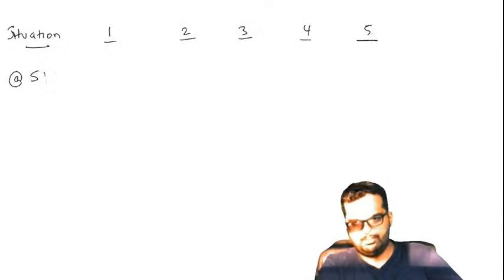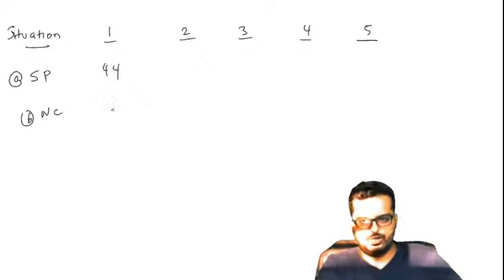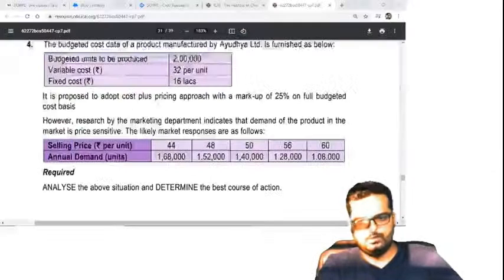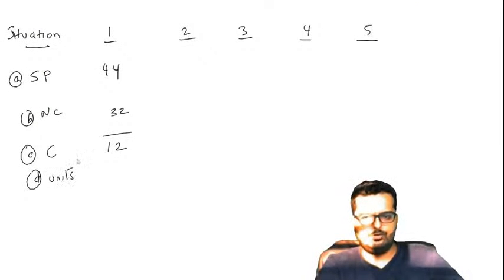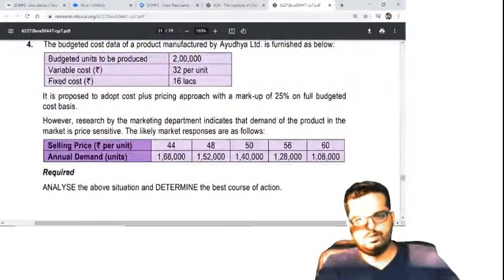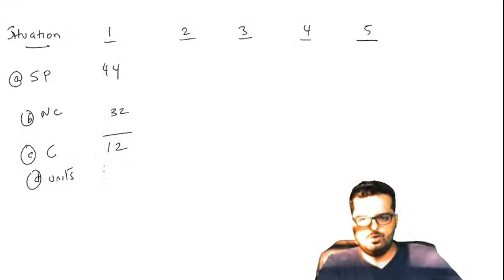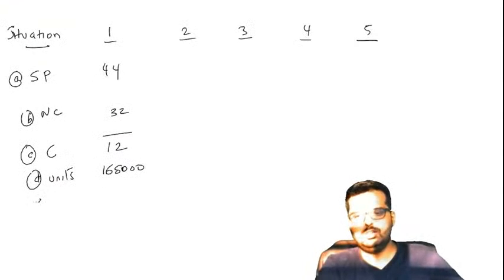Point A would be what? Selling price, that is 44. Variable cost is how much? 32. From this you can find out the contribution, which is 12. We have units. How many units are there, everyone? Tell me in this case. 1,68,000 and the total contribution.